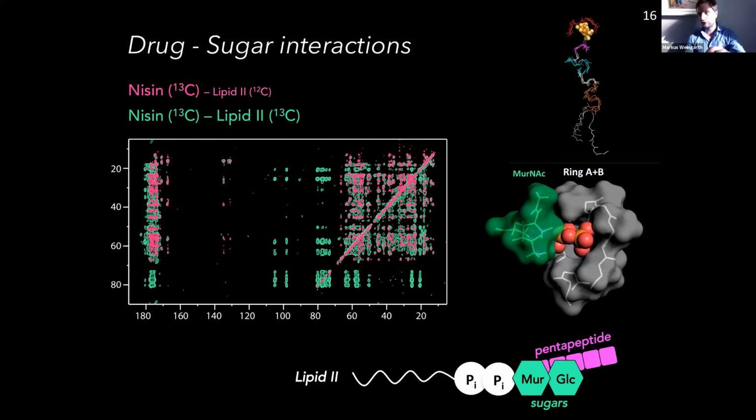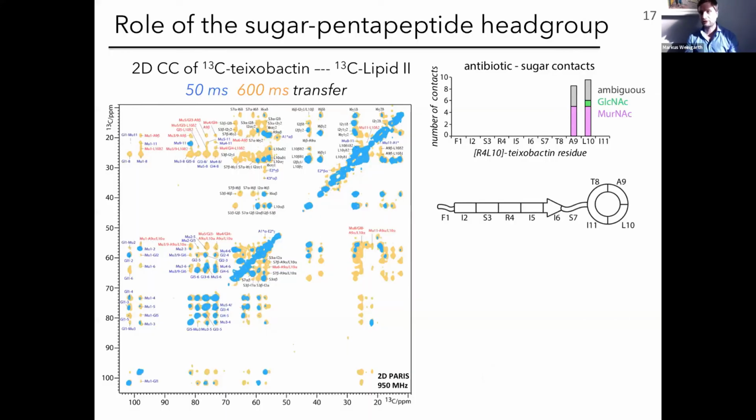So let's use this approach to determine the complex structure between lipid 2 and tioxibactin. We have here high quality spectra of the tioxibactin lipid 2 complex, and that provide us with clear information on the interface. Here we have plotted all the interfacial contacts on the primary structure of tioxibactin, and you readily see that the interface is indeed localized at residues 9 and 10 of the Dempsey cycle.